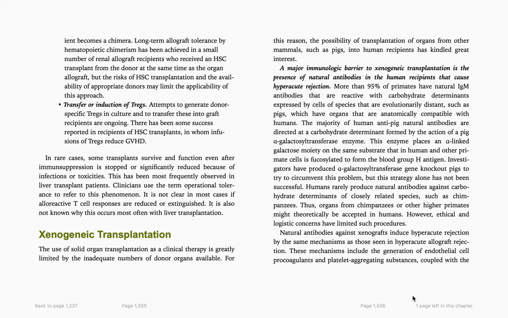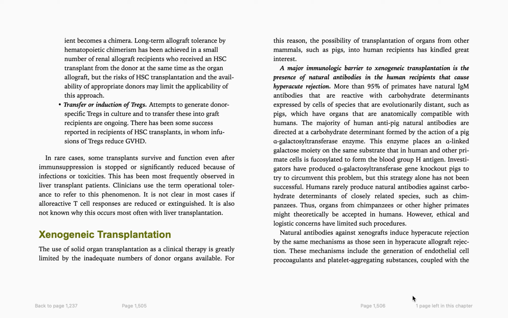The majority of human anti-pig natural antibodies are directed at a carbohydrate determinant formed by the action of the pig alpha-galactose transferase enzyme. This enzyme places an alpha-linked galactose moiety on the same substrate that in human and other primate cells is fucosylated to form the blood group H antigen.